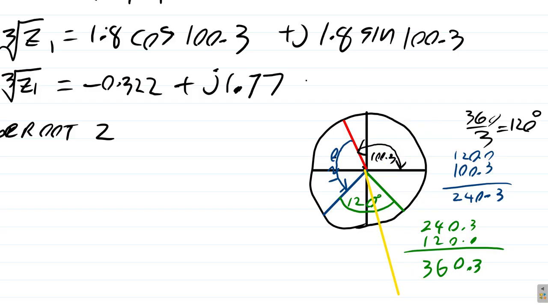If you rotate it 120, 120, and 120 again, you cover the whole circle, right? If you start from 0, you go 120, 120, 120. You use your protractor to get it.